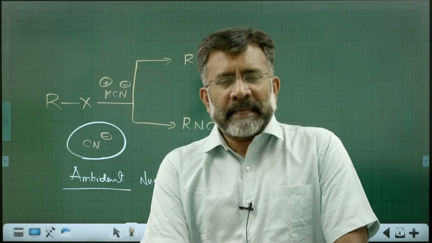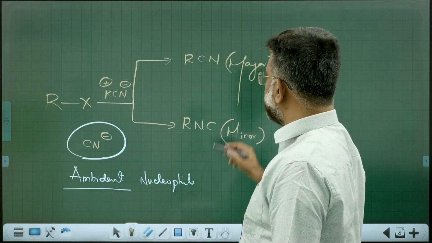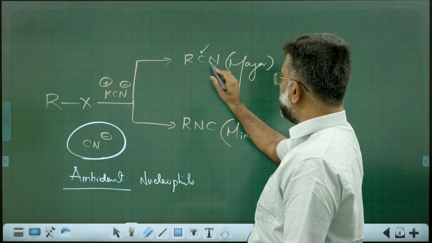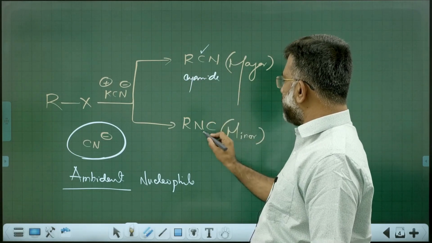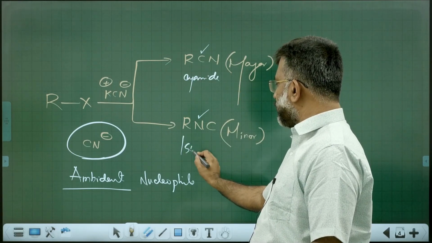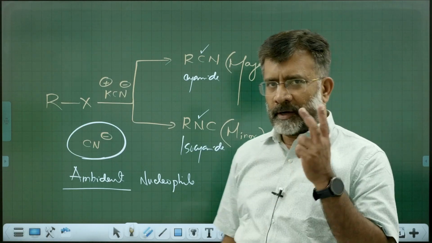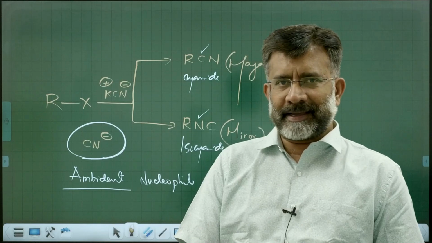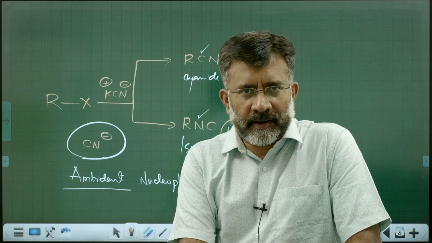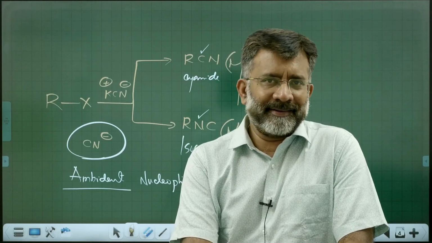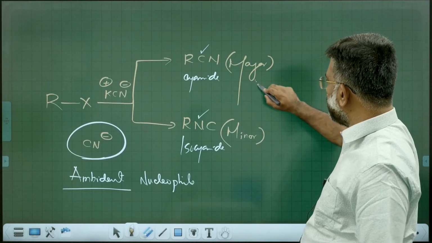So this may make a binding either with the carbon or nitrogen. If it is binding with the carbon, you get a cyanide. This is cyanide. And if it is binding with the nitrogen, it is called isocyanide. So there are two possible products, alkyl cyanide or alkane nitrile, or alkyl isocyanide or alkane isonitrile, called carbylamine, in which RCN will be the major product.